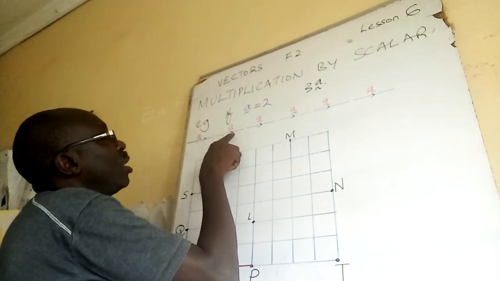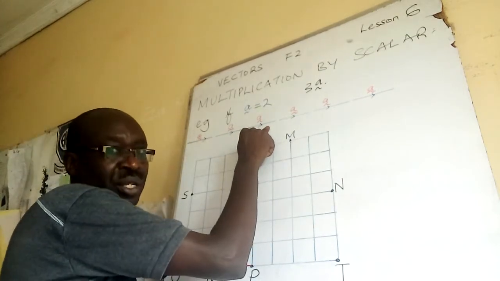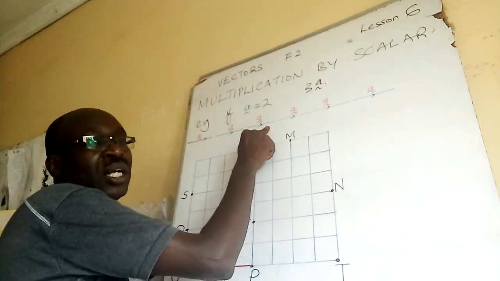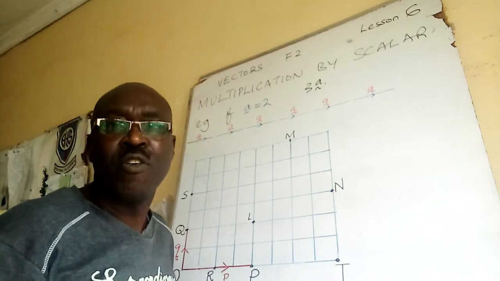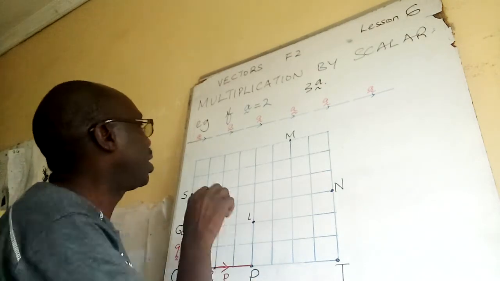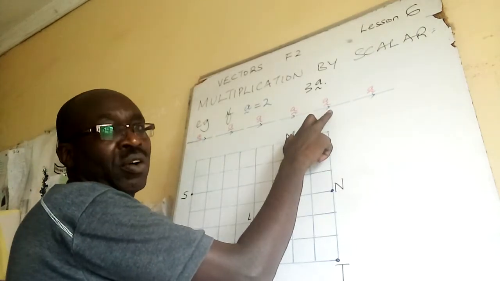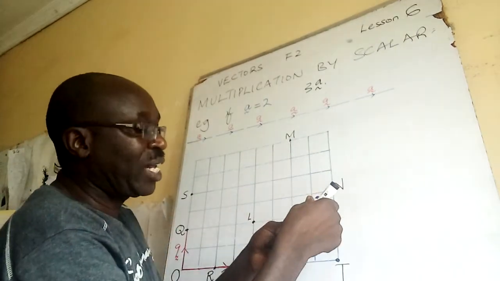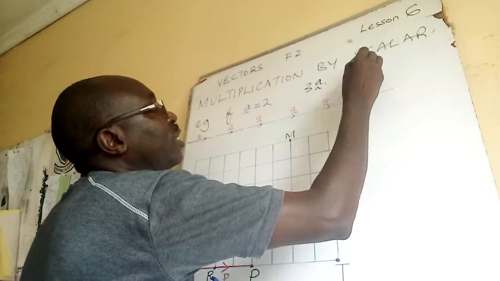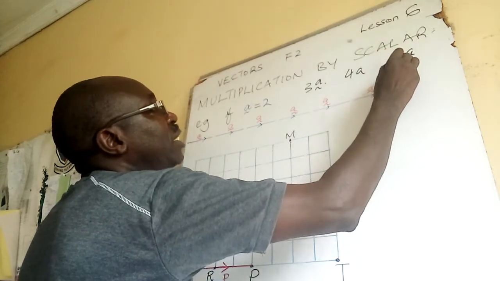So it will be 1, 2, 3. Are we together? Suppose I want 4A. I'll do it 1, 2, 3, 4A. So I can get 4 times, I can get 6 times.